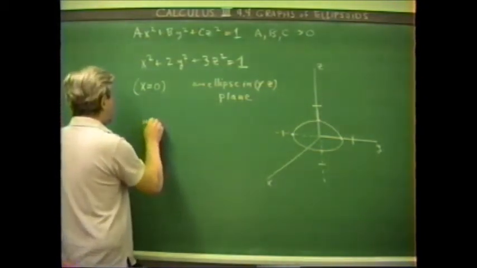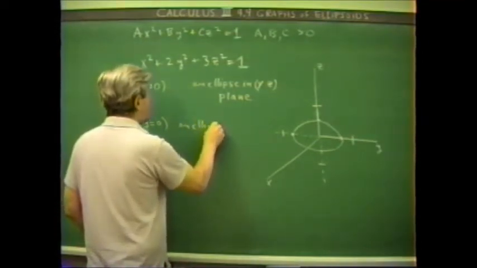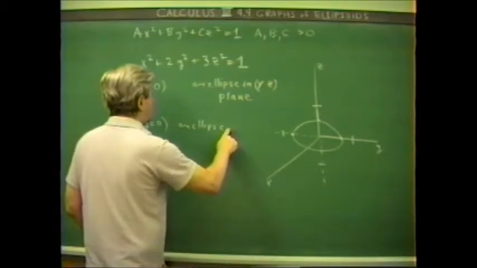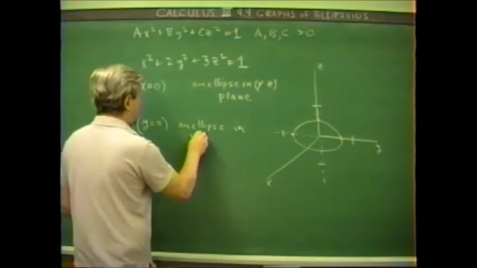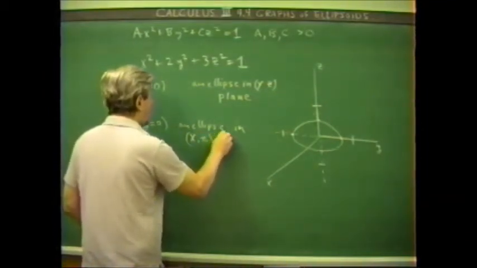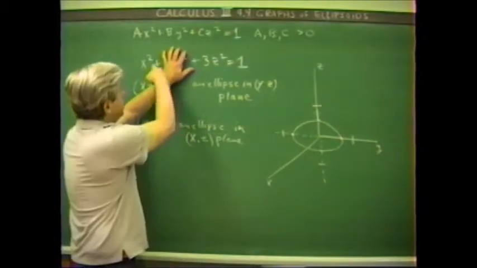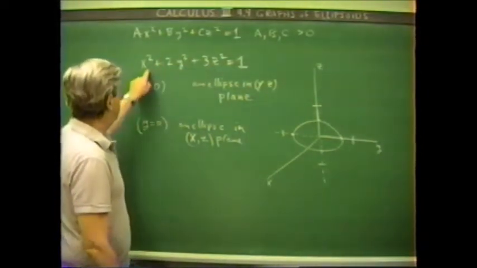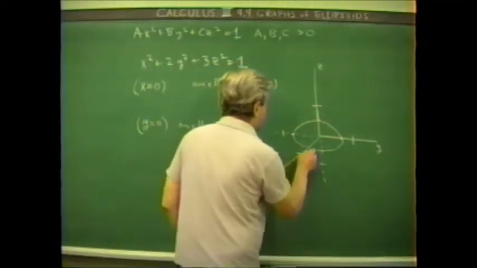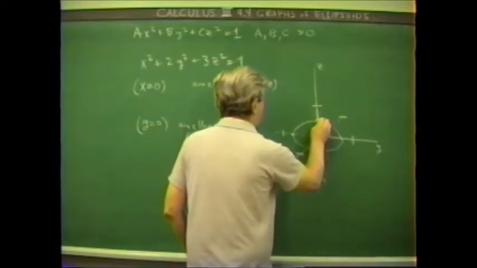When y is equal to 0, right, the graph is an ellipse. This is the equation. And if z is also equal to 0, we get x is plus or minus 1. So plus or minus 1 here are also on the graph. And since we've already drawn these 2 points here, we can sketch this ellipse like so.